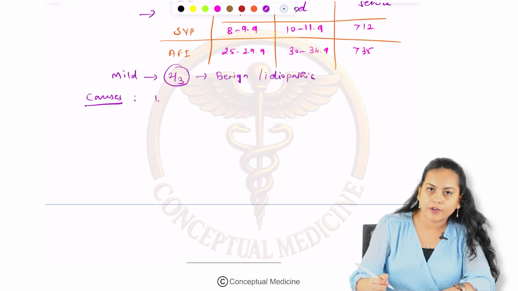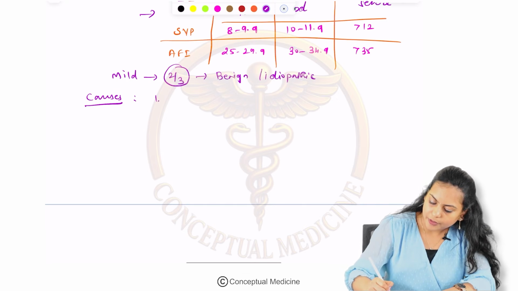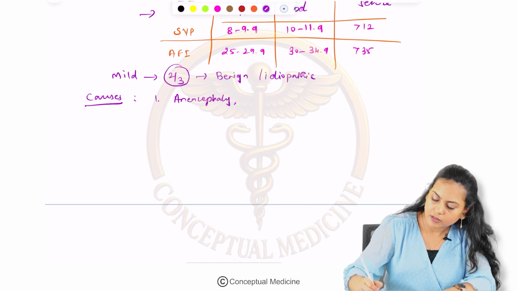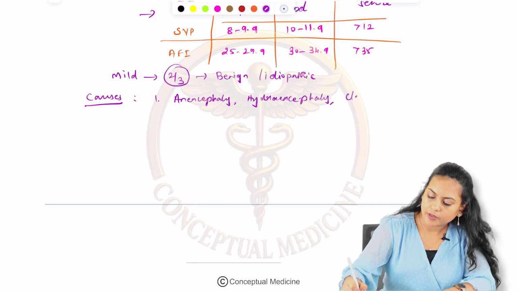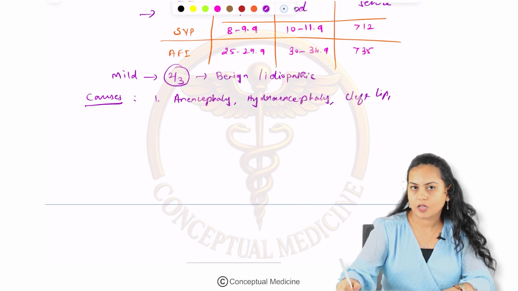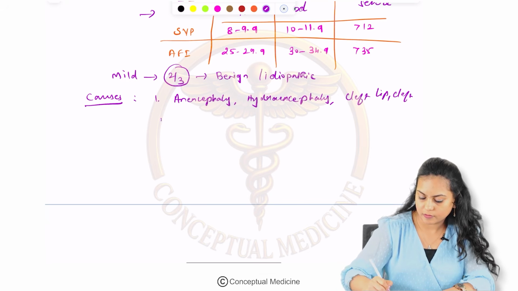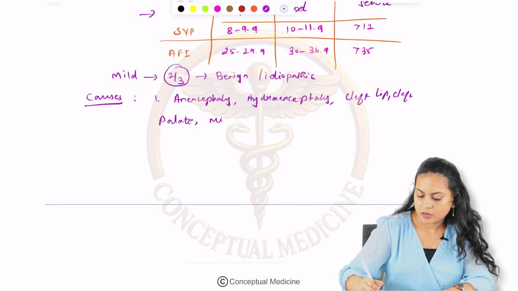Conditions in which the fetal swallowing is affected, for example, anencephaly, hydranencephaly, cleft lip, cleft palate, micrognathia.